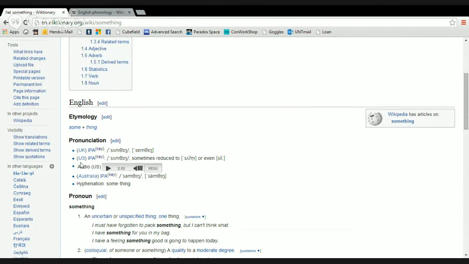And when it says US, this is the American pronunciation of a word. It'll also have the American spelling of the word, in addition to the British spelling when you look them up. So this is what I recommend, especially if you want to know how the British say something.